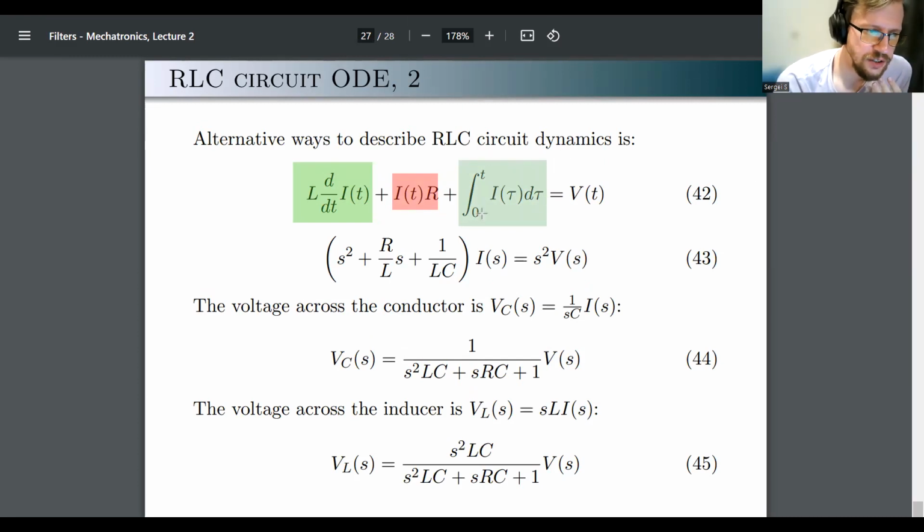You can replace the integral by 1 over s, sorry, and the derivative as s, and multiply both sides by s squared, divide by L, and we get this, right? Here, divided by L, multiplied by S, this is the inductor.